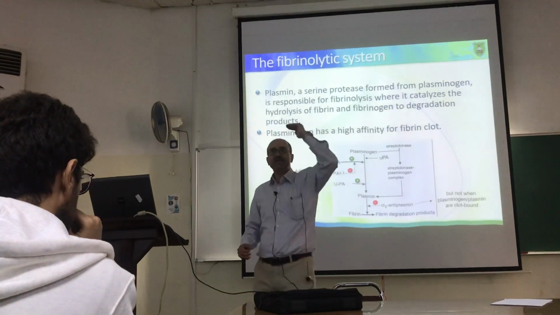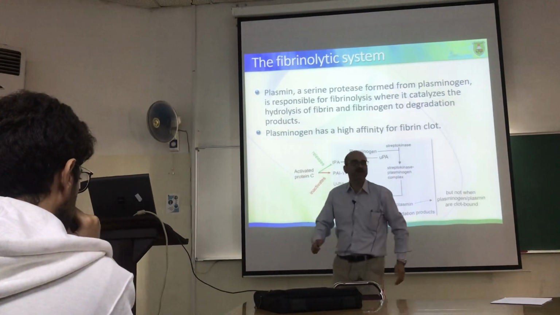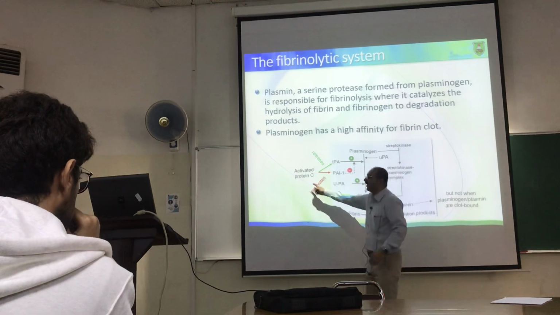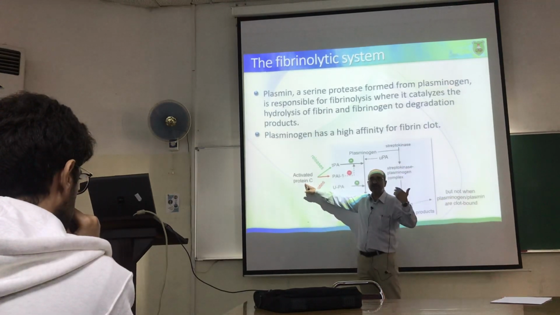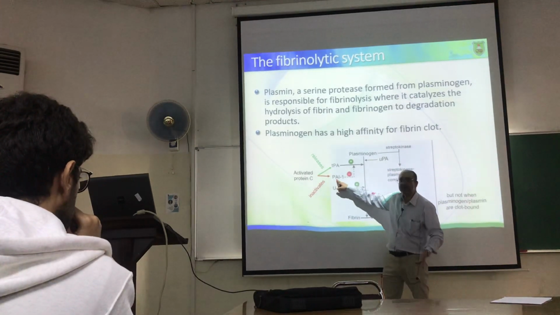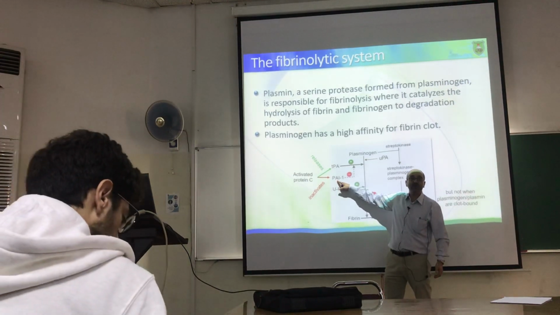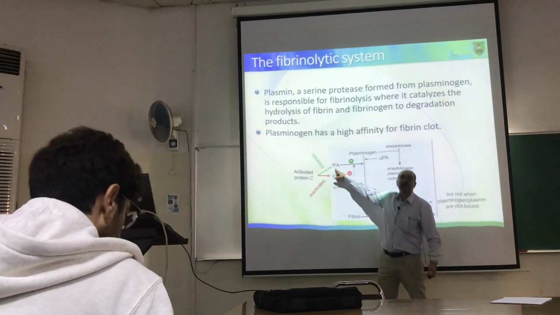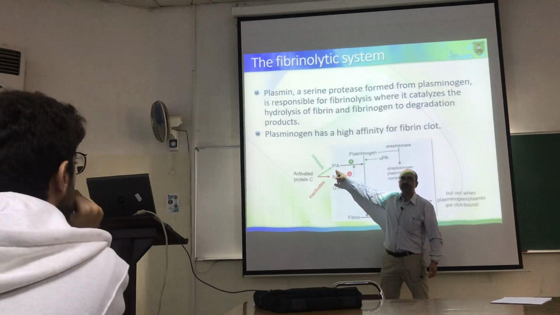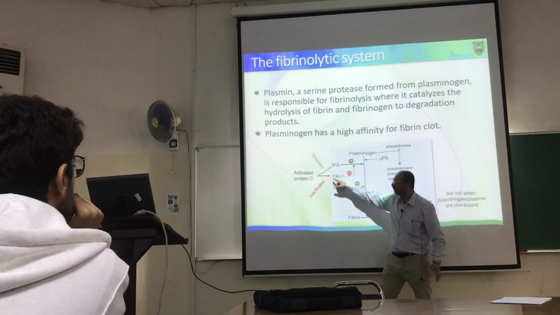So it's different layers of activation that take place. So activated protein C that we talked about before inhibits the plasminogen activator inhibitor, and it also activates the plasminogen activator as well. Okay?